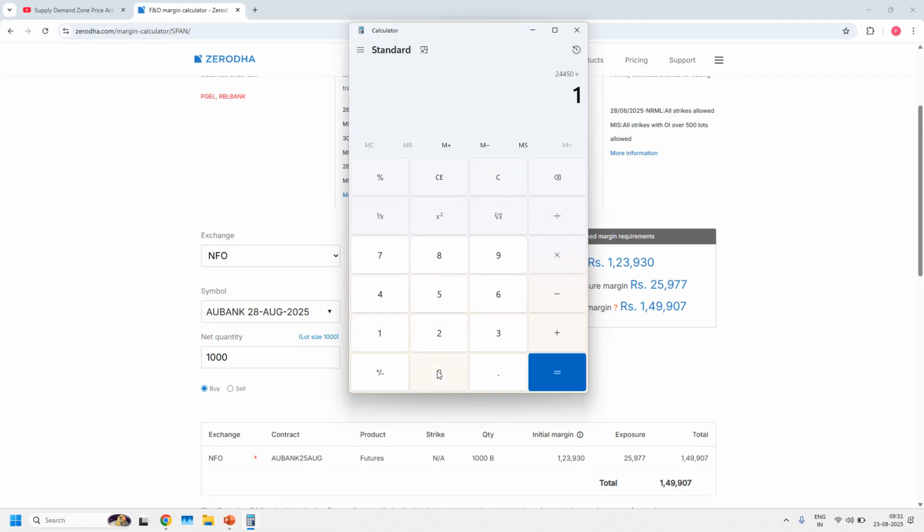So into 100 divided by 1,50,000 approximately, maybe a little more or a little less. You might have got around 16% ROI in just 3 trading sessions. This is a WIT trade, weekly income trade.